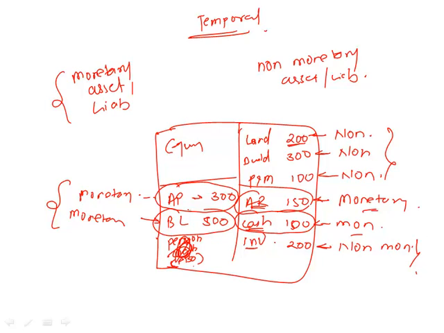Are we done? PBO would be a non-monetary liability. Yes, because based on market expectation, the value would keep on changing in the market. It's not fixed in amount, so it is a non-monetary item. Yes, are we done? Okay. Now, an example of a non-monetary liability could be PBO.